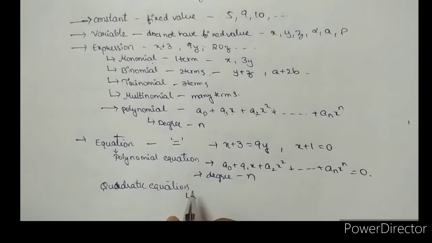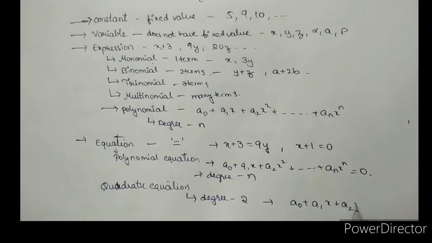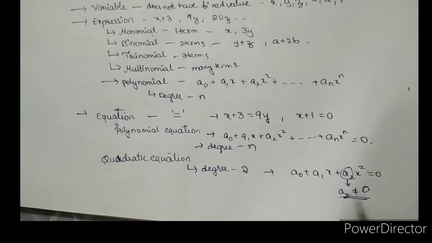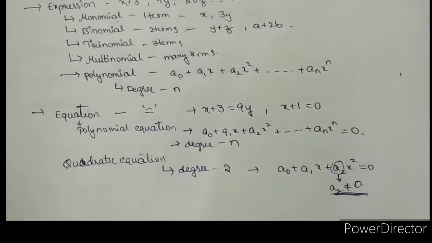A quadratic equation is a polynomial equation whose degree is 2. So it's of the form a0 plus a1x plus a2x square is equals to 0. For the degree to be 2, we should have a2 not equals to 0. This is a must condition.